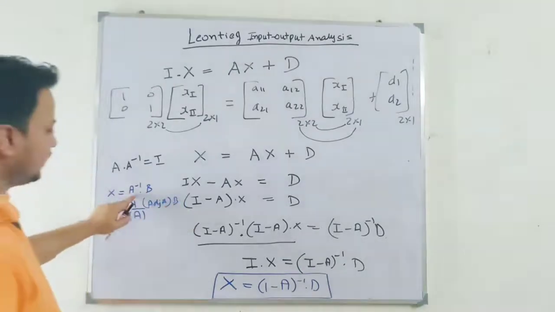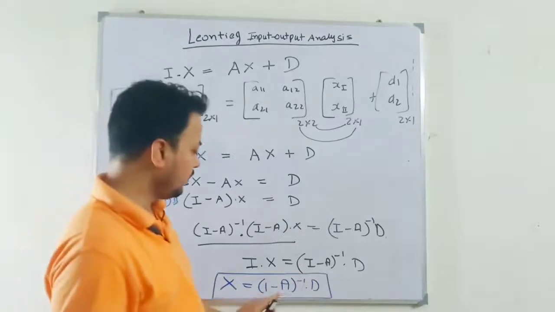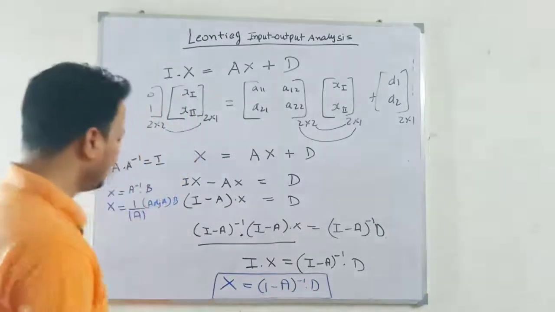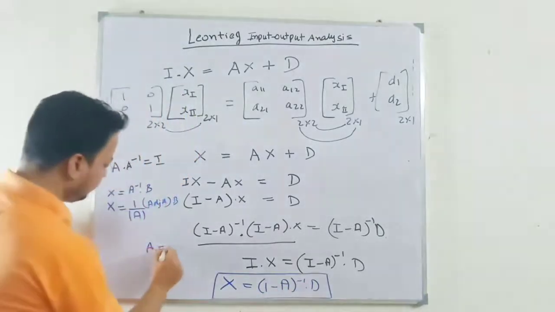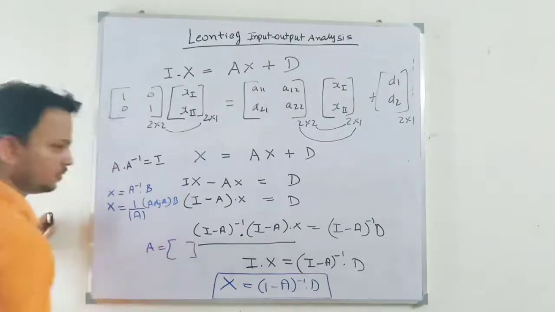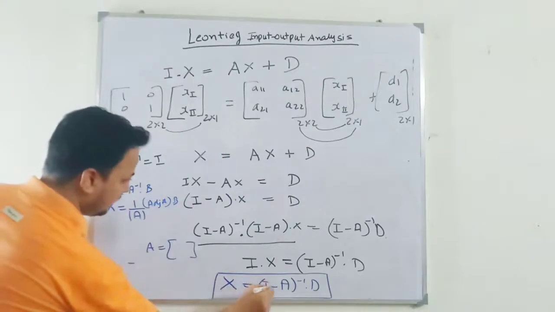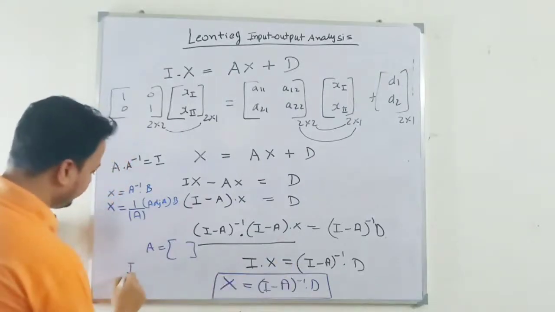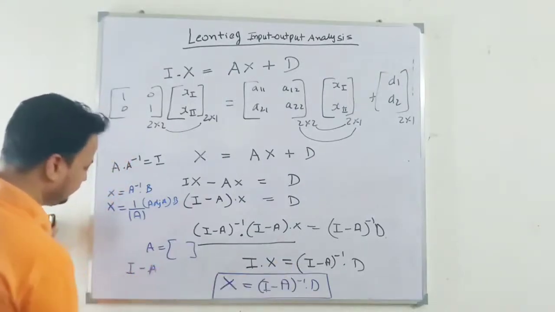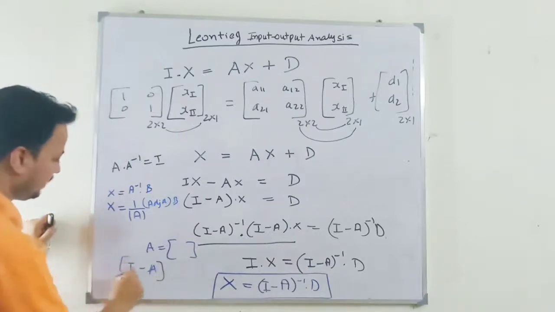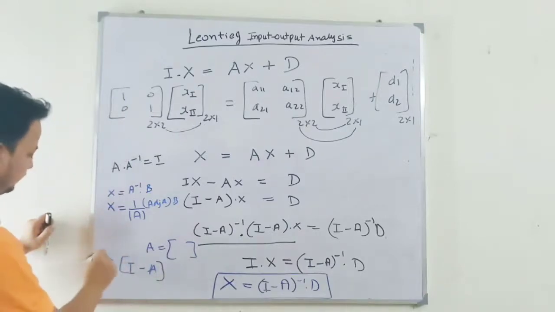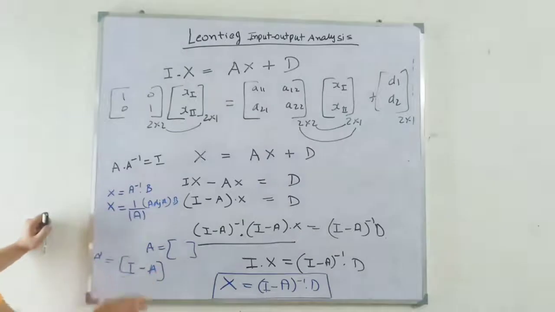So in place of A inverse, you need to take (I minus A) inverse. Whatever 2 by 2 A matrix you have, take not 1, sorry, this is I, the identity matrix, minus A. Whatever you get, say this A prime, you need to take out the inverse of this one.